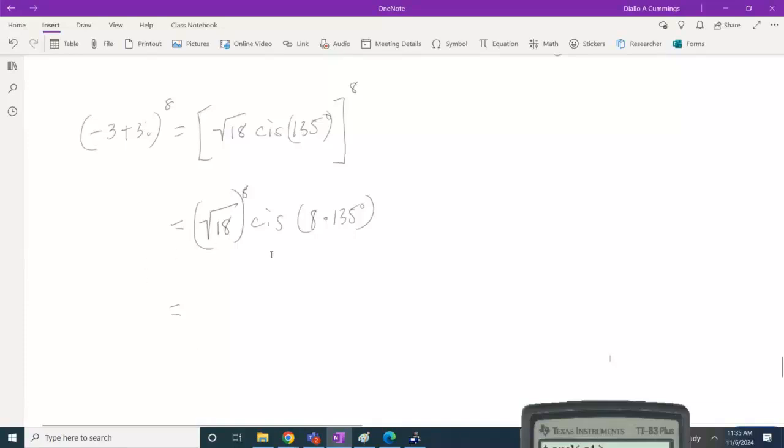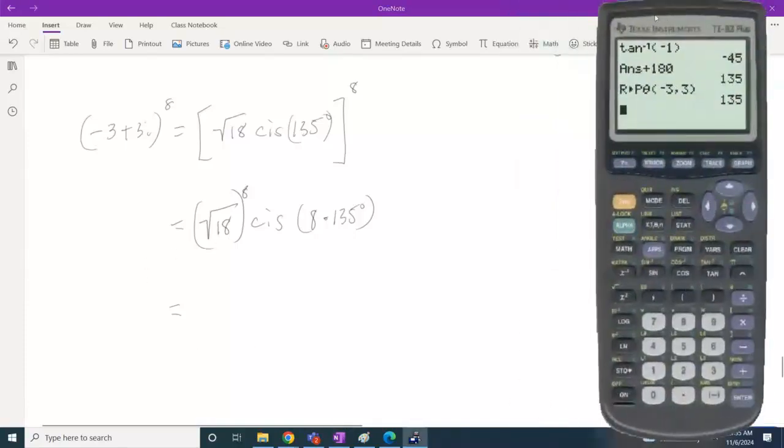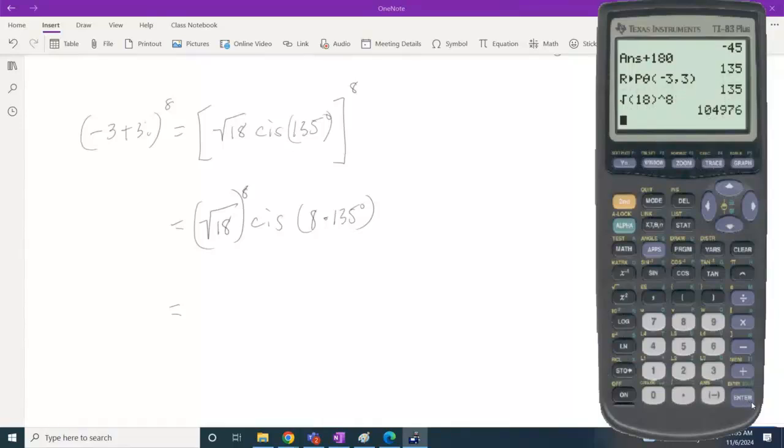So I'm going to take the square root of 18 and raise that to the 8th power. And I get 104,976.